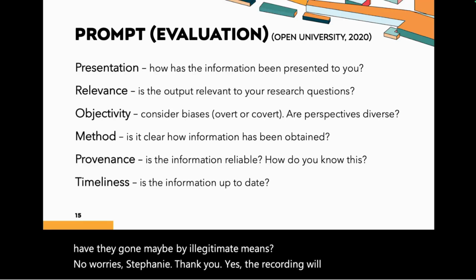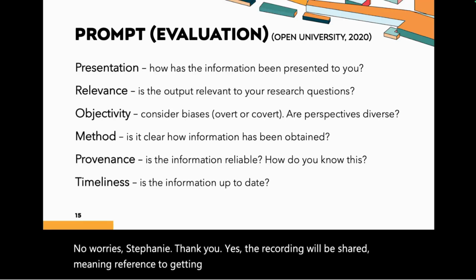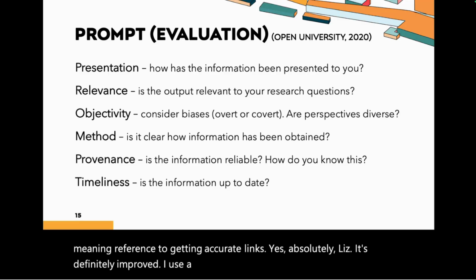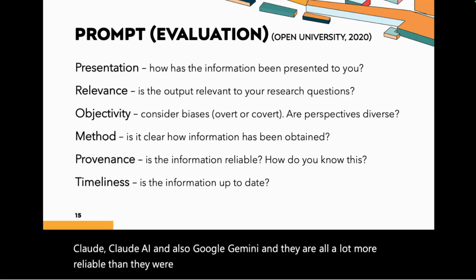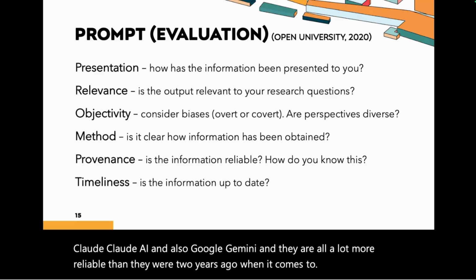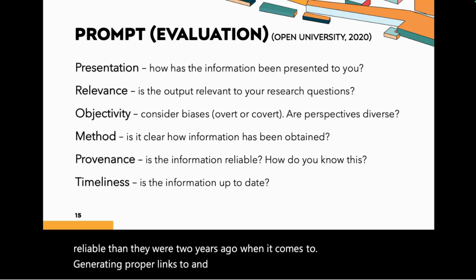In reference to getting accurate links, yes, absolutely, Liz. It's definitely improved. I use a variety of different LLMs, so ChatGPT, Claude AI, and also Google Gemini, and they are all a lot more reliable than they were 2 years ago when it comes to generating proper links, and again, generally open access is better.